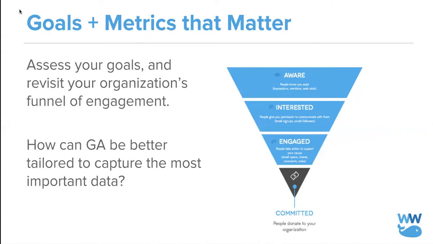The next level would be engaged. So these are users who have taken a meaningful action on your site. So maybe a very important goal of yours, like a donation, or watching, or creating some kind of content to share on your site.